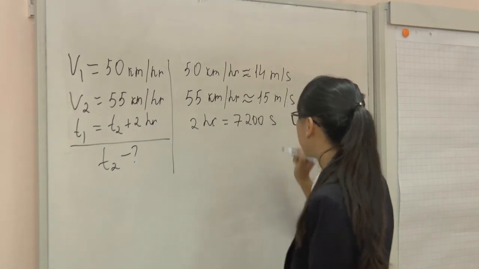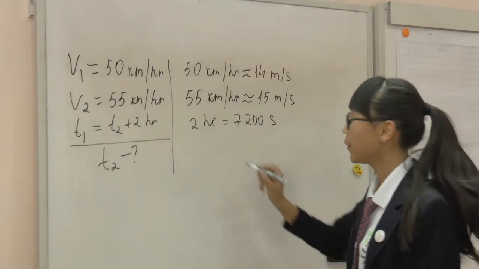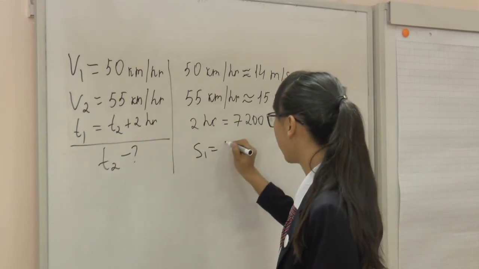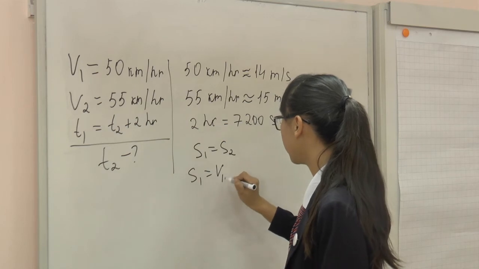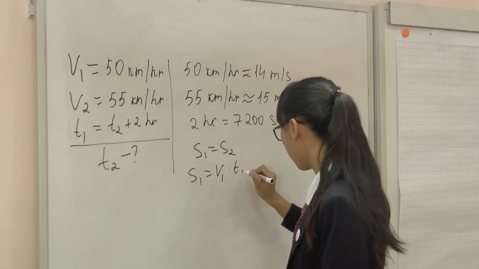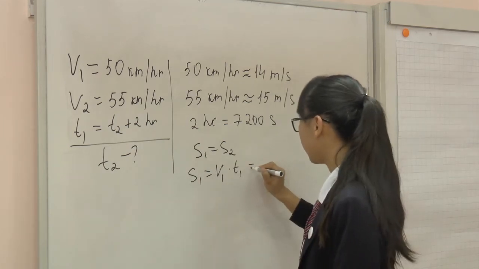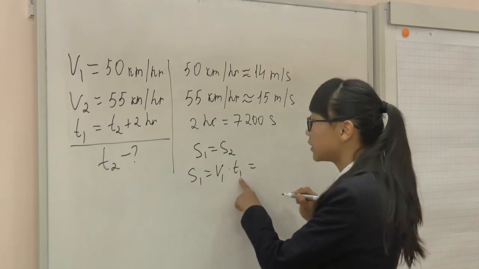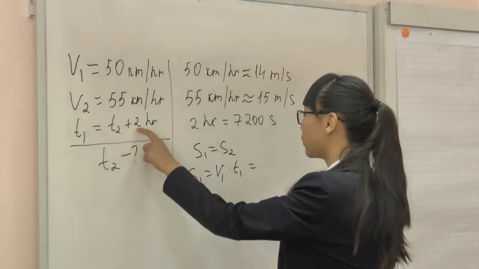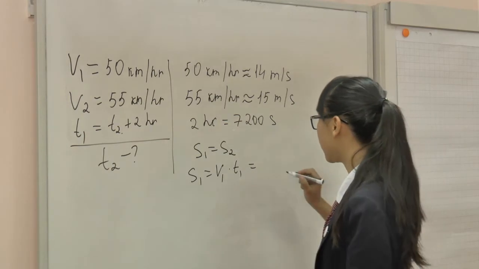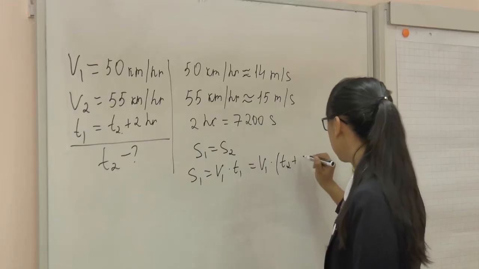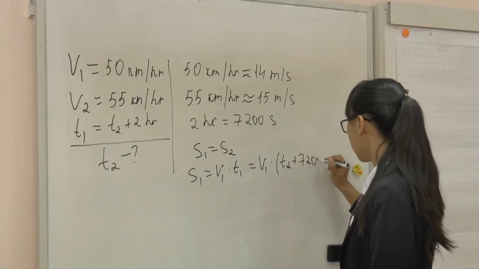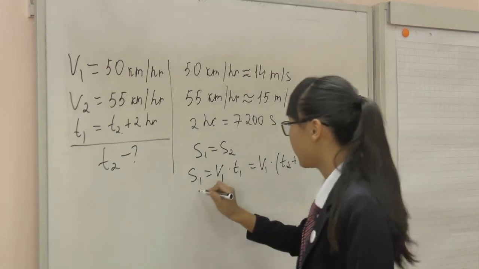7,200 seconds. And as we know, S1 equals S2. S1 equals V1 multiplying T1, and as we know, T1 equals T2 plus 7,200 seconds, so V1 multiplying T2 plus 7,200 seconds.